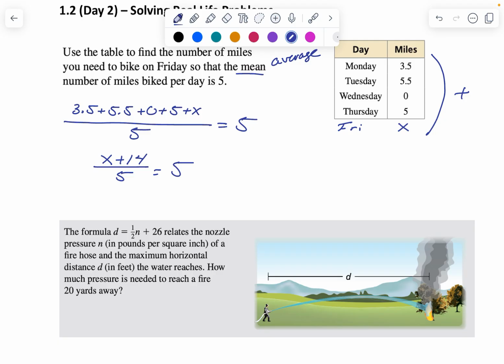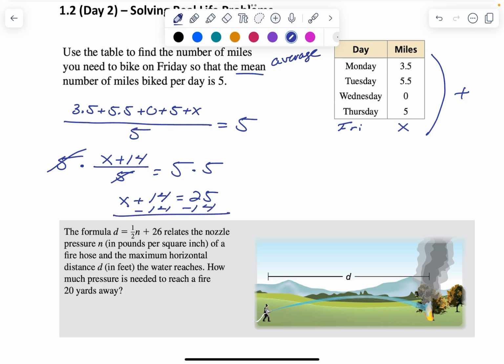So since it's divided by 5, we're going to multiply both sides by 5. These cancel out, and that's going to leave me with x plus 14 equals 25. Now I'm going to subtract 14 from both sides to get x by itself, and that's going to leave me with x equals 9. No, not 9, 11.